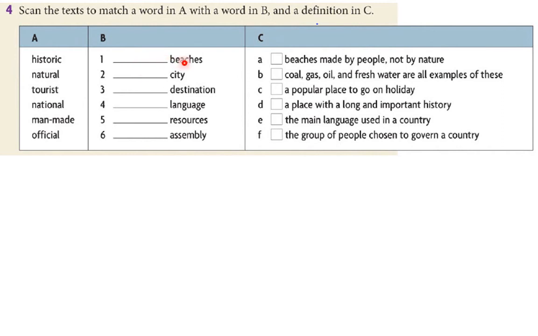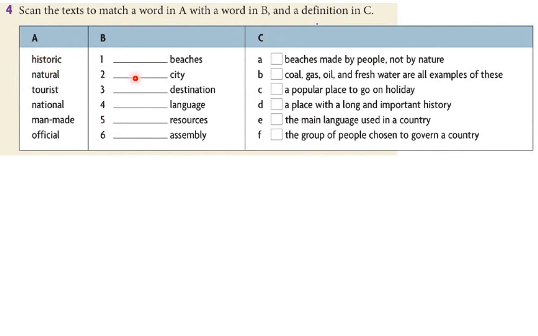For example, let us start with historic. Historic what? Historic beaches, historic city, historic destination, historic language, historic resources, or historic assembly. As we have read in the three paragraphs, historic came with the word city. So we can say it is historic city.